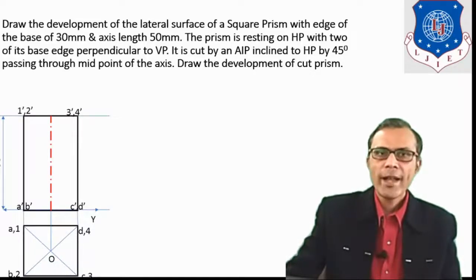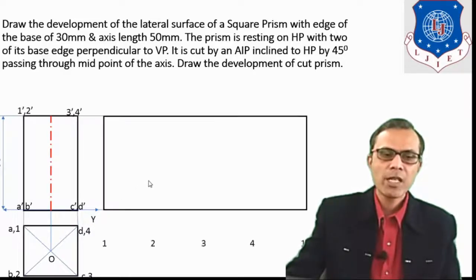Now while considering development, we know that if we open out this prism we will get 4 rectangular surfaces because it is a square prism having each side equal to 30 mm. So when we open it out, the total length will be equal to 30 into 4, that is 120 mm, and height is equal to height of the prism, that is 50 mm.